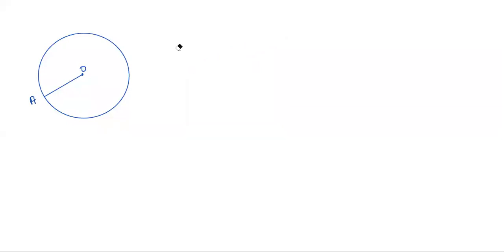This is a line segment AO, which is a radius inside the circle. And if I draw another line, OB, let's say, the line segment OB is also a radius. Now we have two radii.